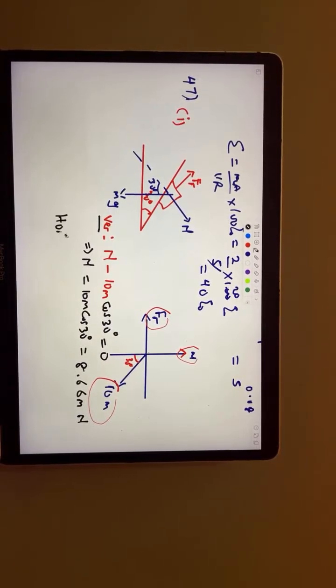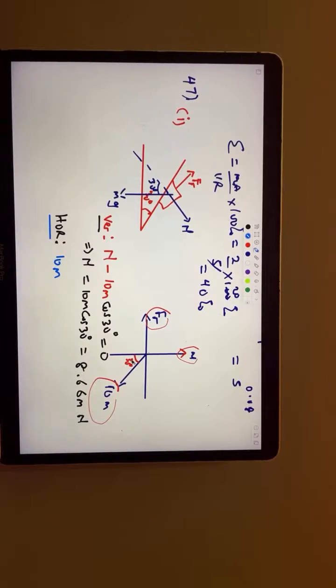Now let's resolve the horizontal. For the horizontal, we know that two things will be acting: the frictional force and the 10m. Nothing concerns N again. So here we have 10m, but let's ask ourselves the question again. Which axis am I dealing with? Horizontal. Which axis is the angle made with?